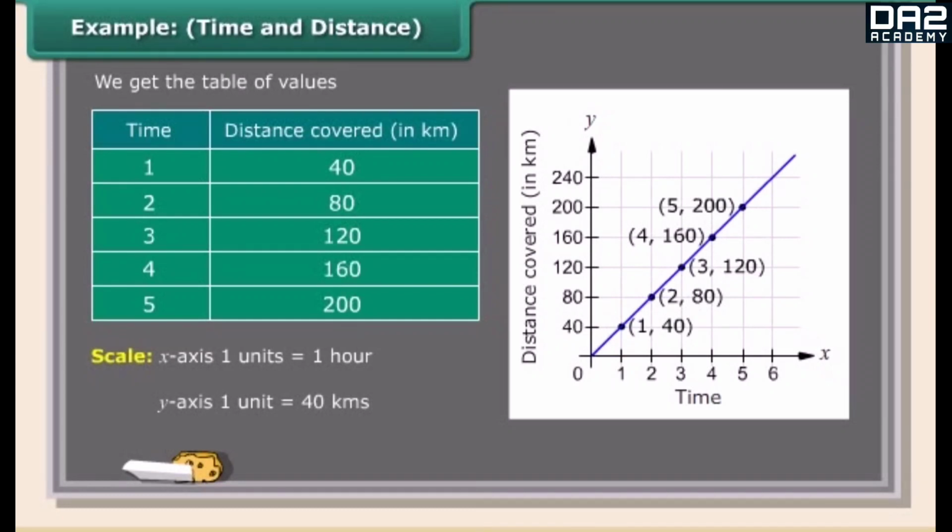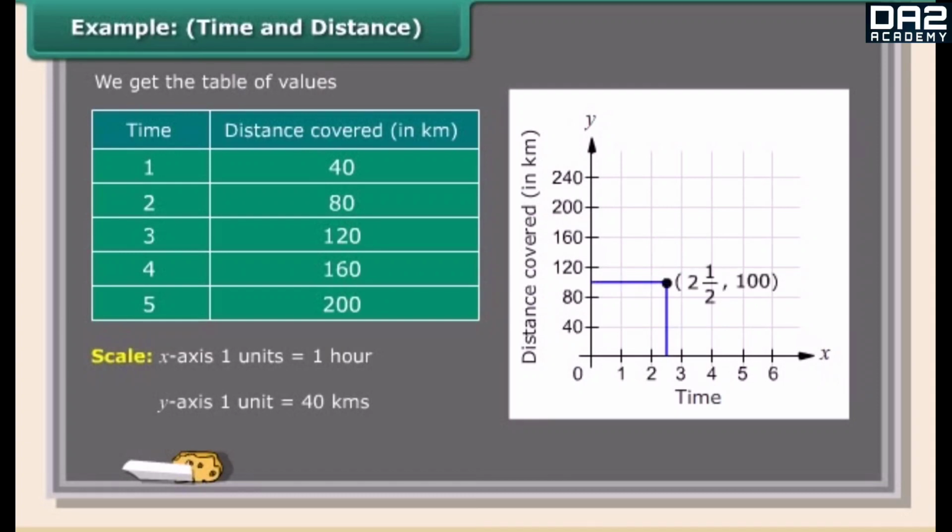On the vertical axis, 160 kilometers corresponds to 4 hours on the horizontal axis. 2. On the horizontal axis, 2.5 corresponds to 100 kilometers on the vertical axis. Therefore, Akshay covers 160 kilometers in 4 hours, and in 2.5 hours he is able to cover a distance of 100 kilometers.